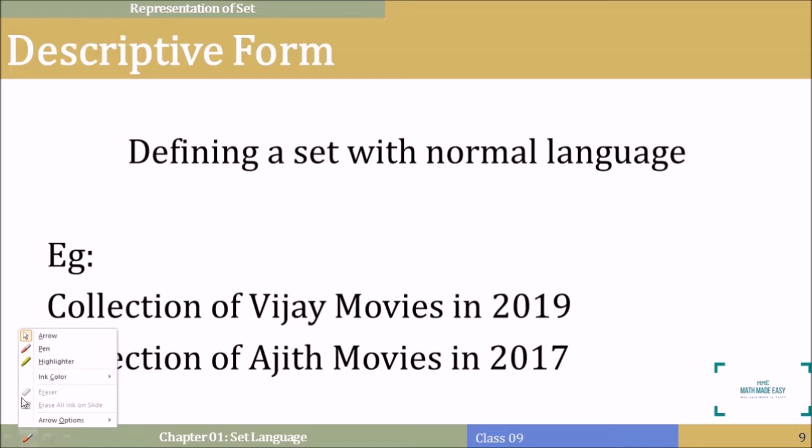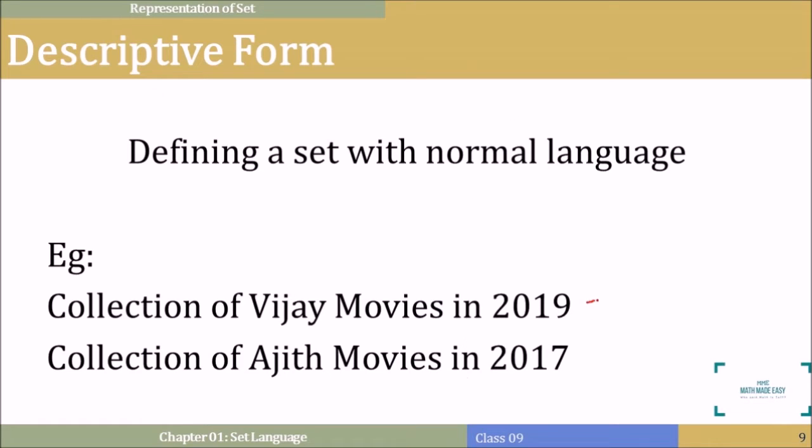Descriptive form is nothing but defining a set with normal language. For example, if you want to describe Bigil, the Tamil movie, it's actually the collection of movies acted by Vijay in 2019. And likewise, if you want to describe Vivegam, it's the collection of Ajit movies acted in 2017.